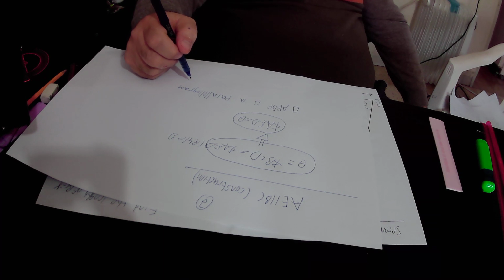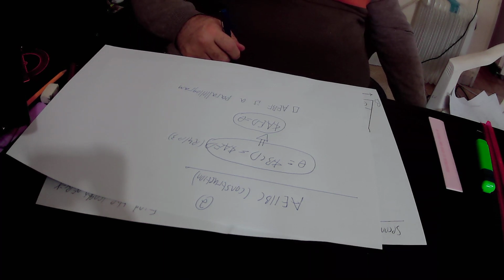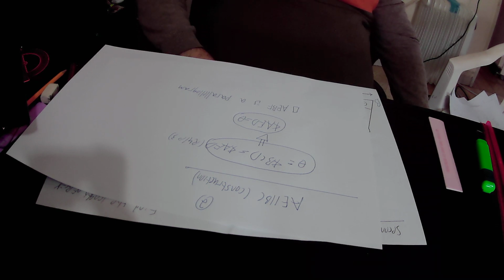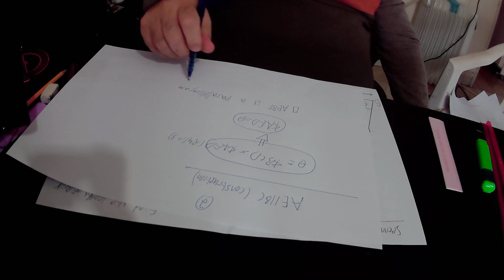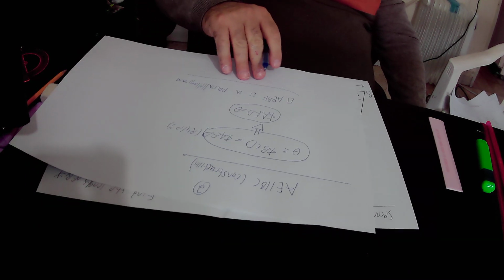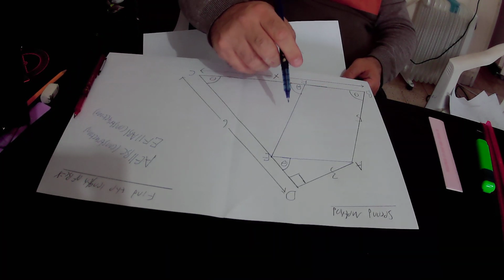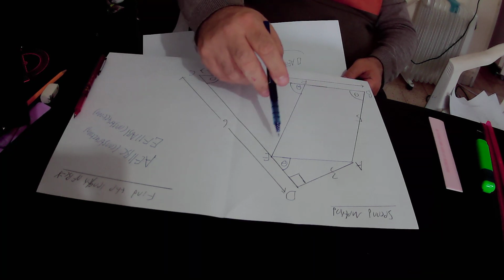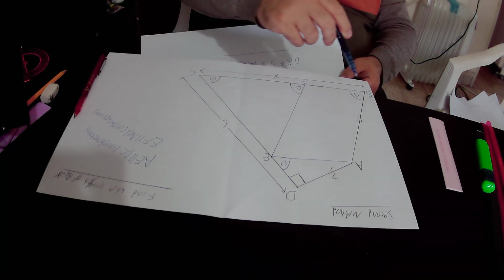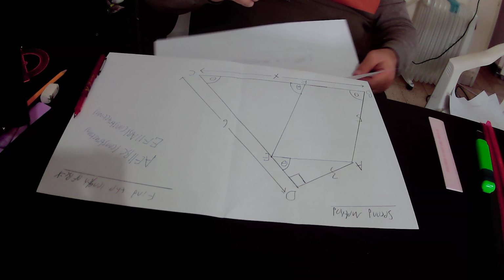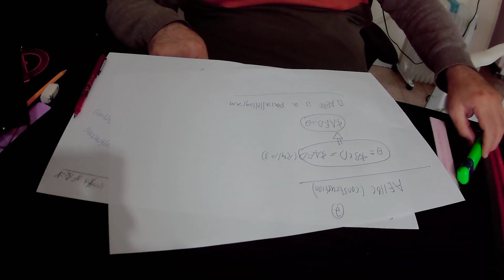Why? Because any quadrilateral that has two pairs of sides parallel to each other is defined as a parallelogram. And in quadrilateral AEBF, we know that AB is parallel to EF, and we also know that AE is parallel to BF, therefore this is exactly the definition of a parallelogram.